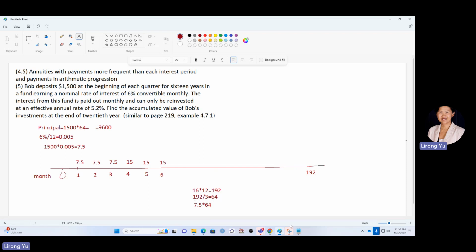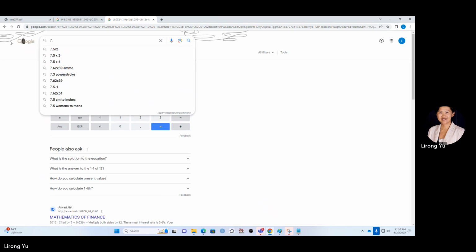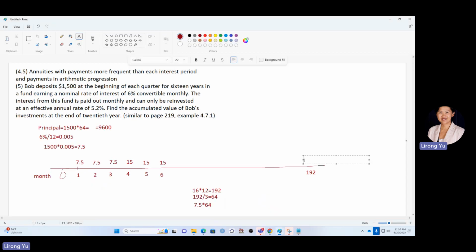Yeah, let's see how that is. So it's 480. The last few payments are going to be 480, and then 480, and then 480. From there, it's kind of like the 4.7.1 example.